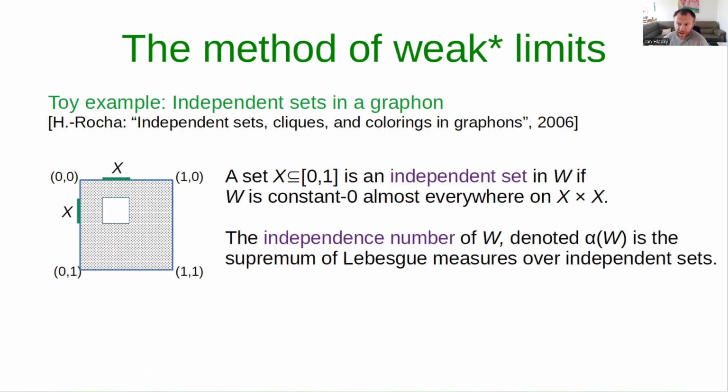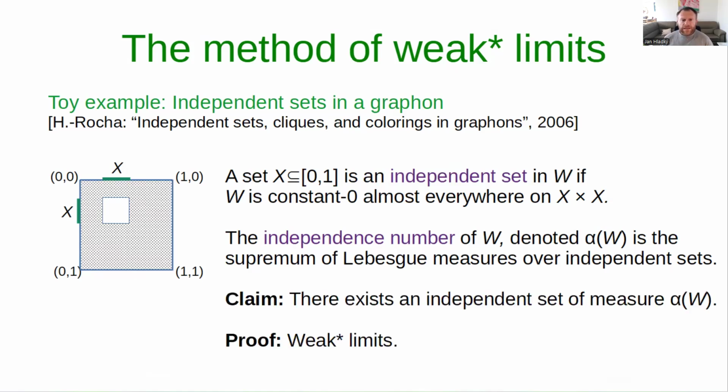In finite graph theory, you don't usually say supremum, you say maximum, because you are dealing with a finite system of sets. Here we are doing analysis, so things are not finite, and it's appropriate to use the word supremum.